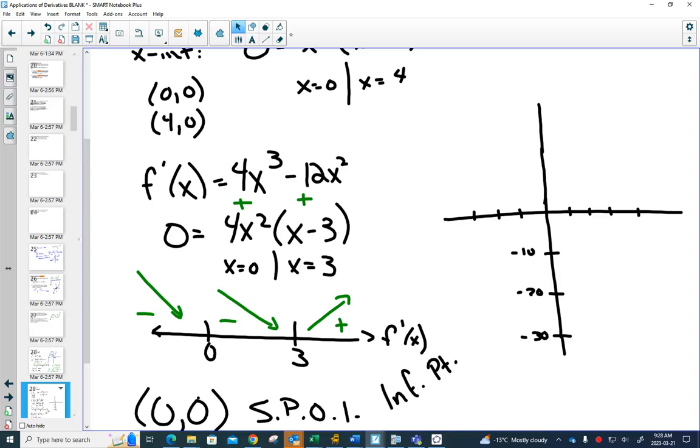The information that I have already is I knew that my x-intercept, y-intercept was 0, 0, and 4, 0. And I also know that I have a min at 3, negative 27. So I had to sort of think ahead of time of what kind of scale I wanted to use on my graph.